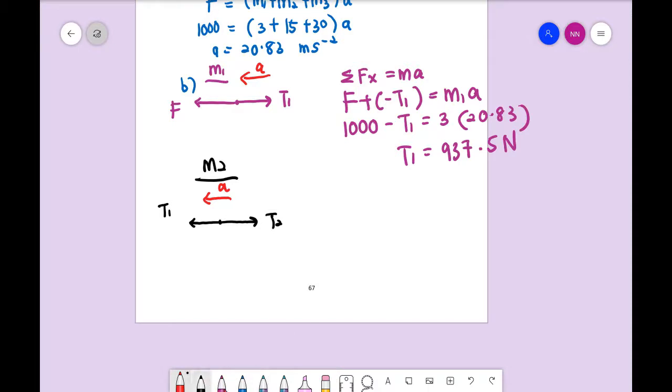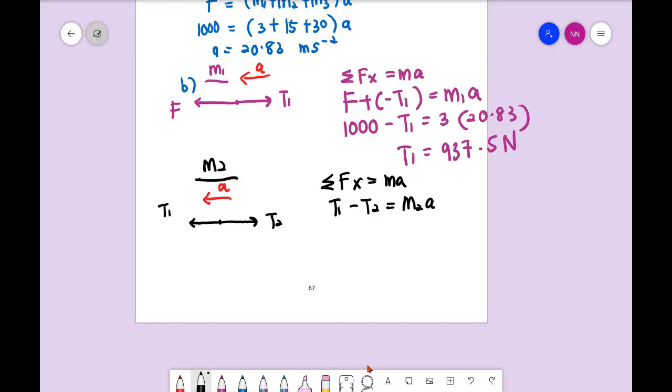So we can apply net force X equals MA to M2. T1 is the same direction as A, so it is positive, and T2 is opposite direction of acceleration A, so it is negative. T1 minus T2 equals M2A.